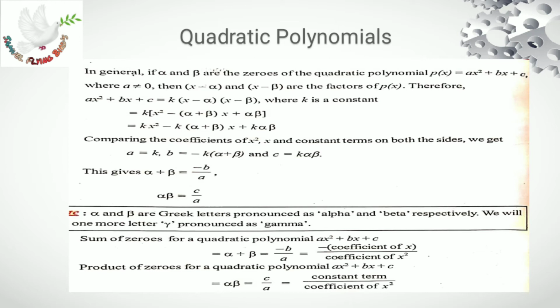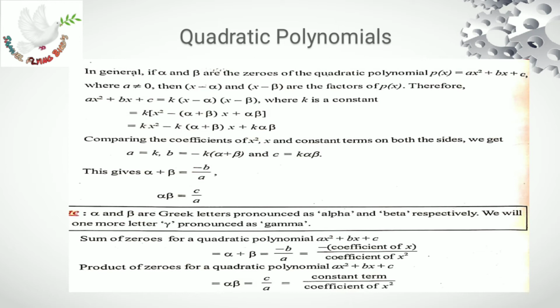Taking k as common, we can expand the expression as k into x square minus alpha plus beta into x plus alpha beta, that is, k x square minus k into alpha plus beta into x plus k alpha beta.